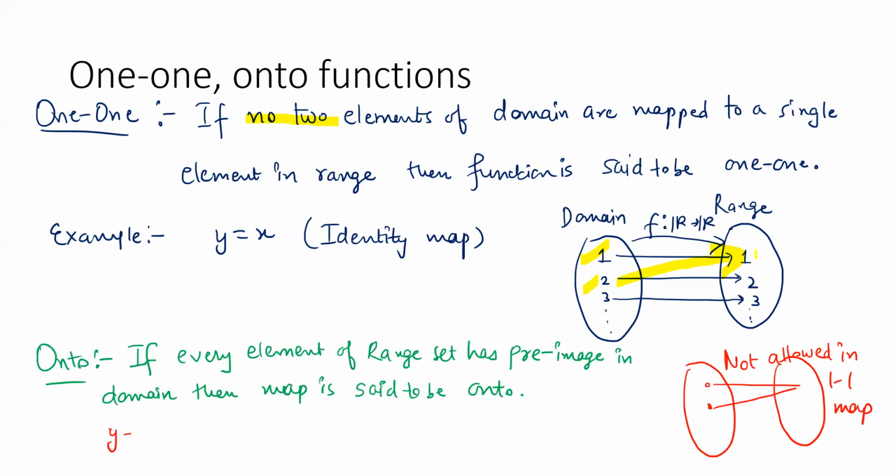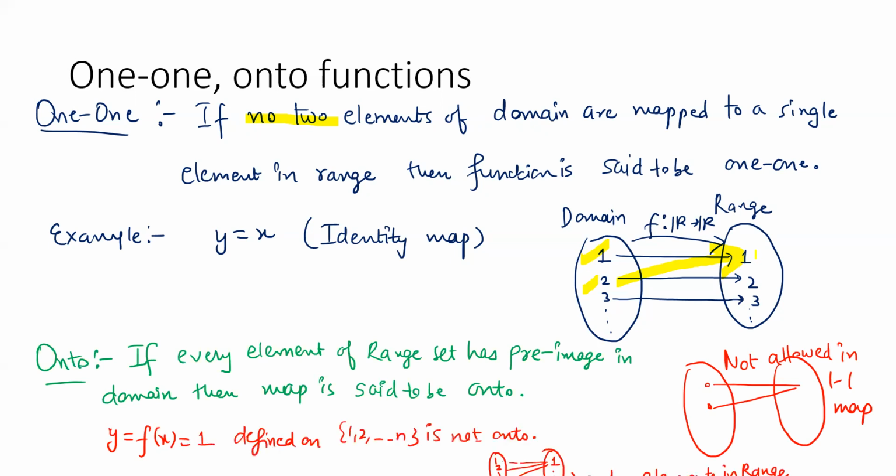And then you have the definition of onto. So if every element of range has pre-image in the domain, then the map is said to be onto, right? So for example, if I give you a map, y is equal to f(x) is equal to 1. So if it's a constant function and I define it on the set 1 to n, then this is not an onto function.